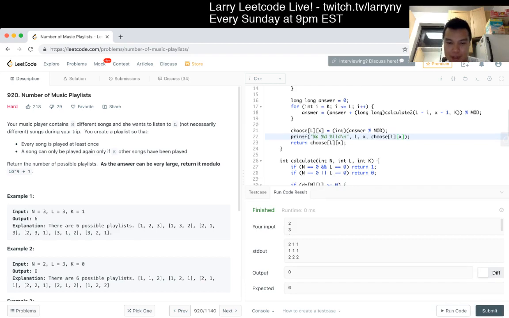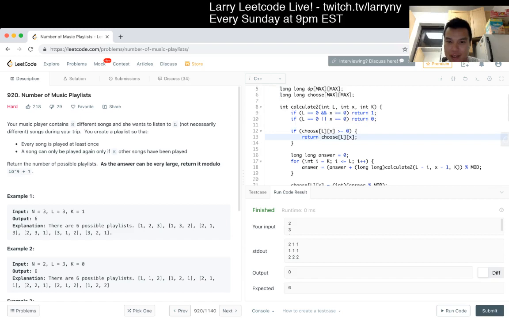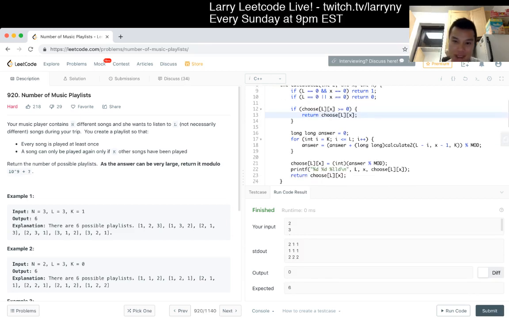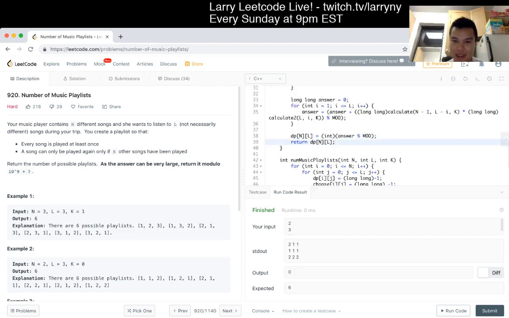So, what are these letters in? Okay. Given that there's 2 length and 1, probably okay. Yeah. Why is this?